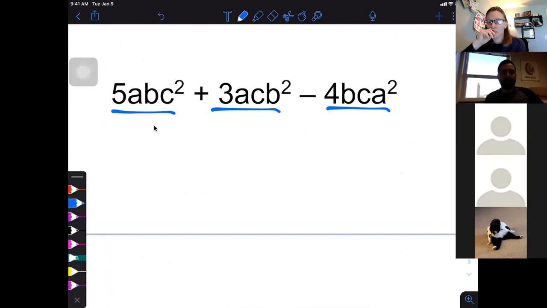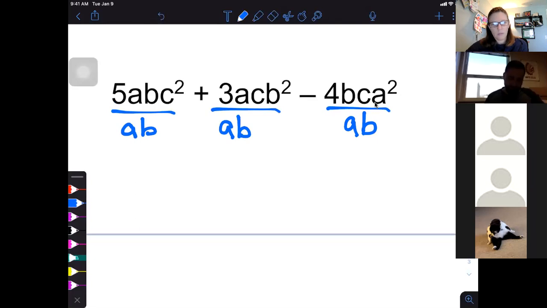But that really doesn't make a difference. If we look at our A's, Peyton, what's our GCF for A's? 1. A to what power? Yeah. A to the first, or just A? Peyton, what's the GCF for the B? 1. Good. And then what's the GCF for the C? 1. Yeah. So ABC is going to be our GCF.